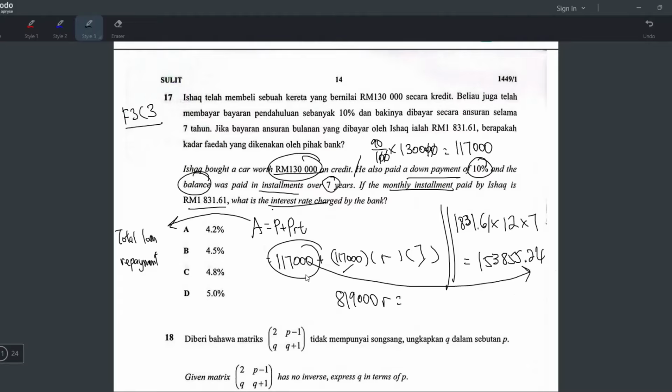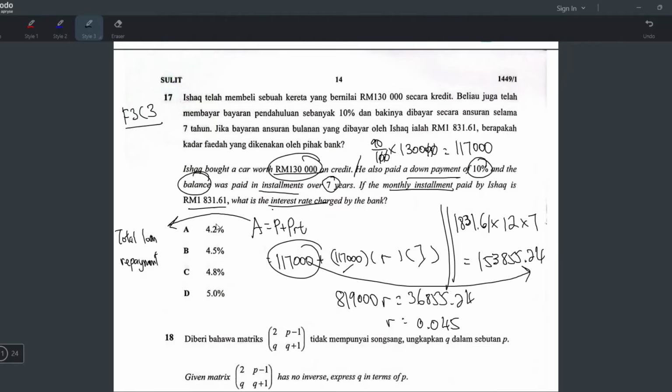So I got 36855.24. And the final step is yang ni bahagi dengan 81900. Okay, maka dia give me 0.045.